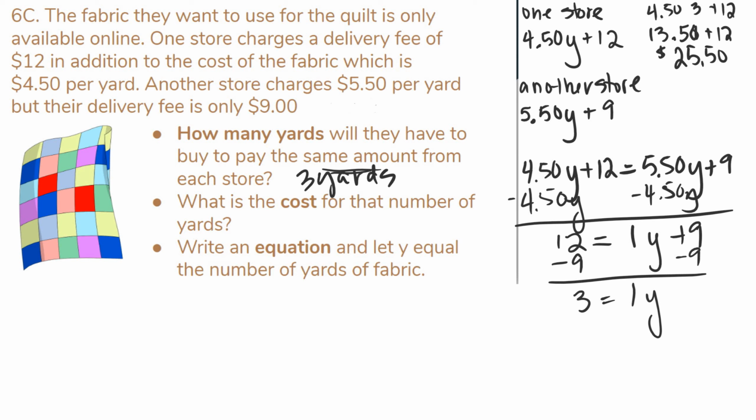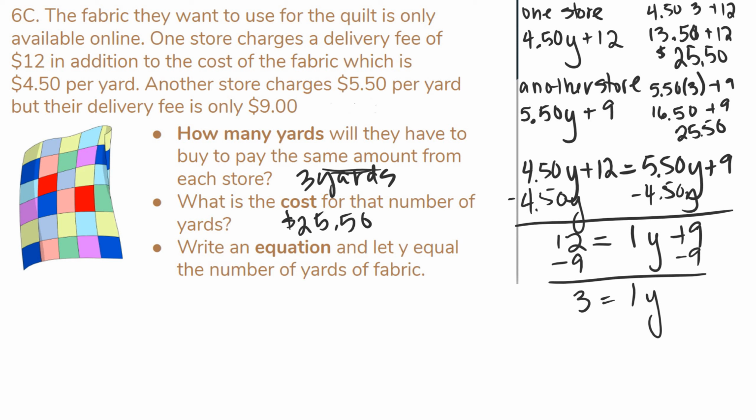The second store is 5.50 times 3, and then add 9 to that. That's 16.50 plus 9, so that's going to be $25.50. What is the cost? $25.50.